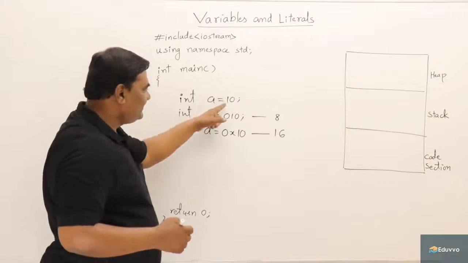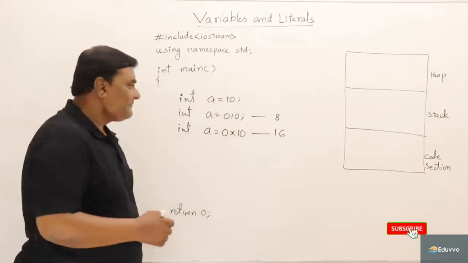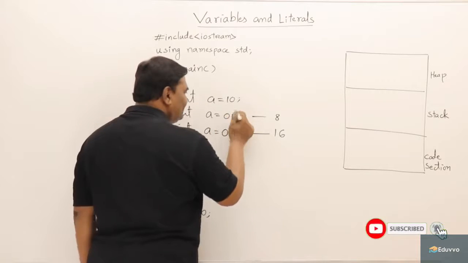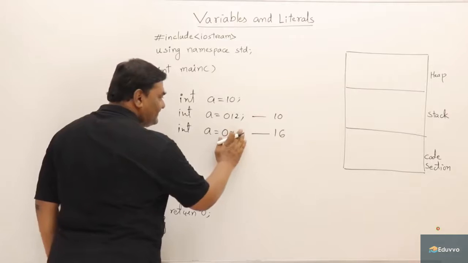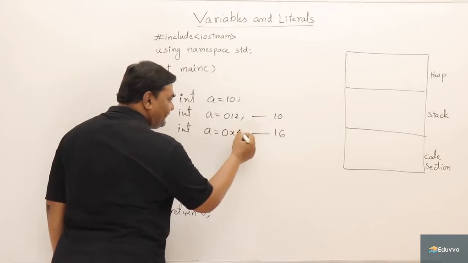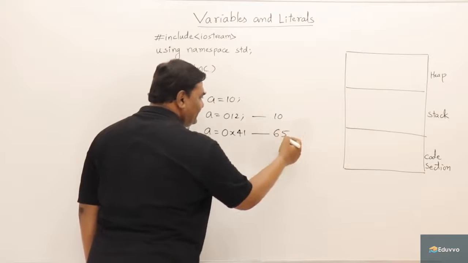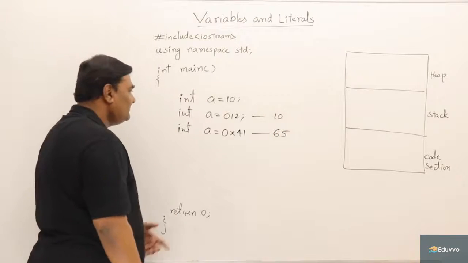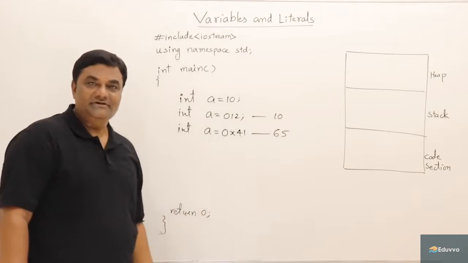This is a decimal number, this is an octal number, and this is a hexadecimal number. Instead of 10, if I write 12 in octal, then this is 10 in decimal form. Instead of 10 here, if I write 0x41, then this is 65 in decimal form.